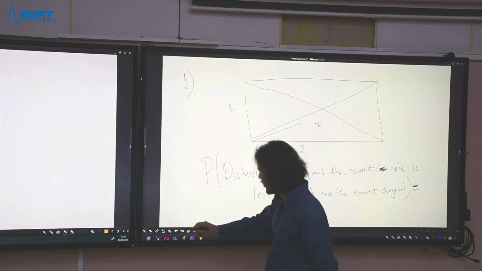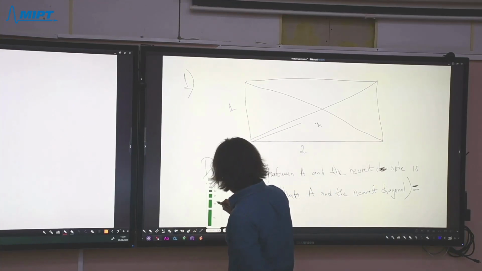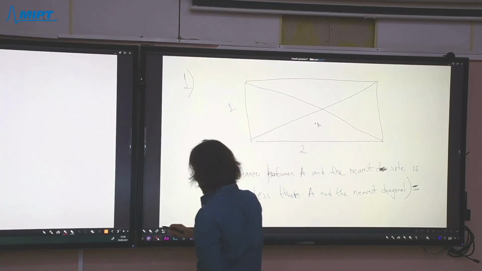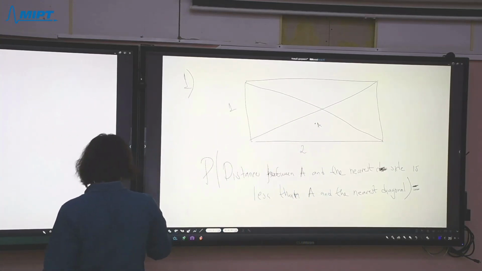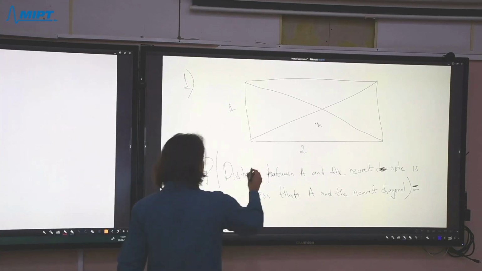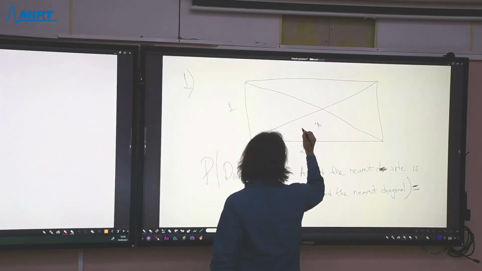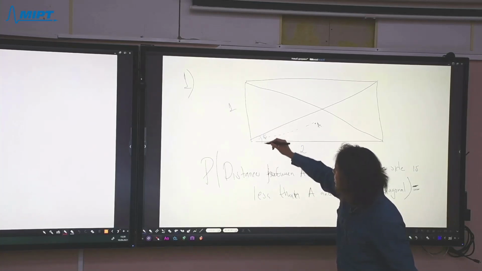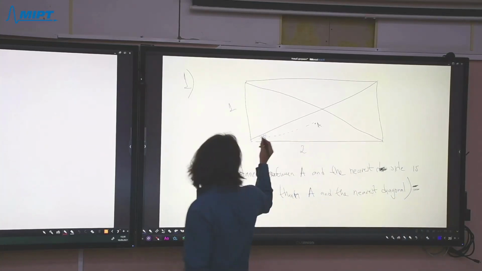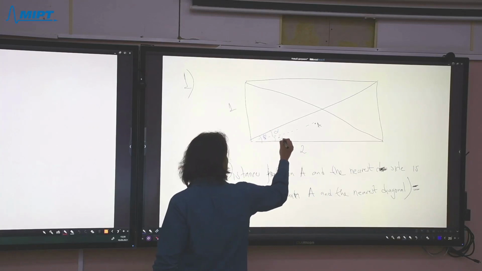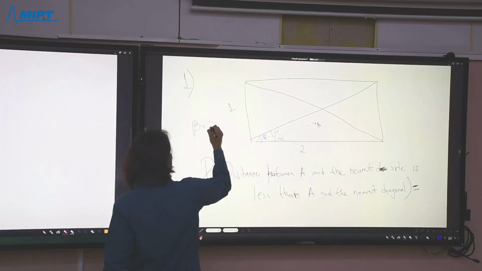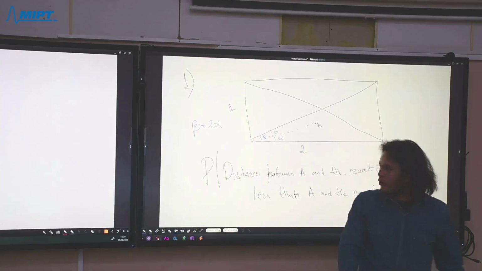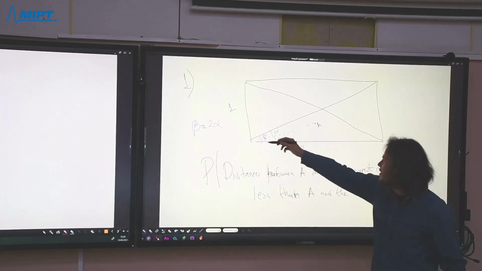Let's do it with a different color, blue. So here we had some beta, and we divided it into two angles, alpha and alpha. So beta is equal to 2 alpha, right? Okay, good.